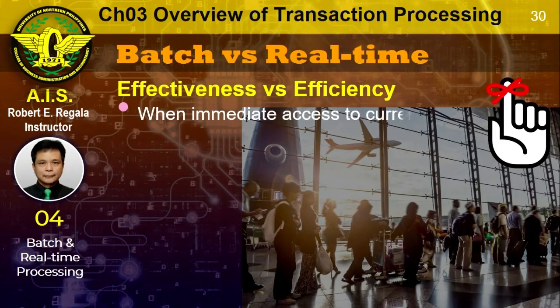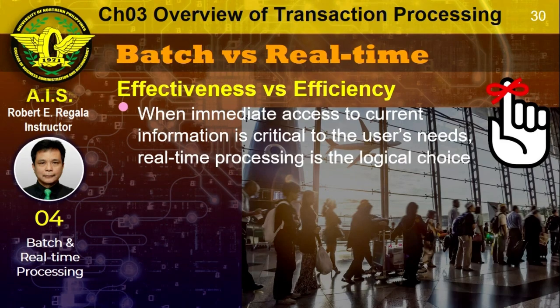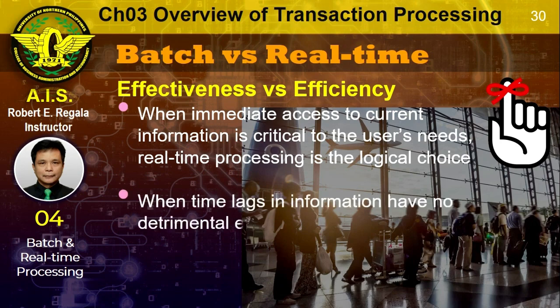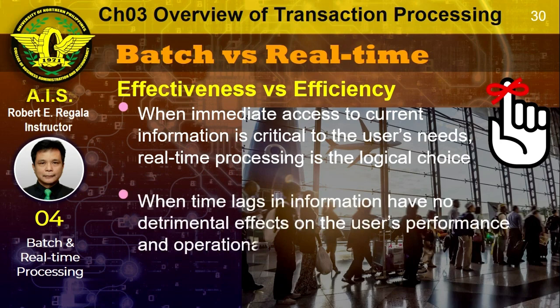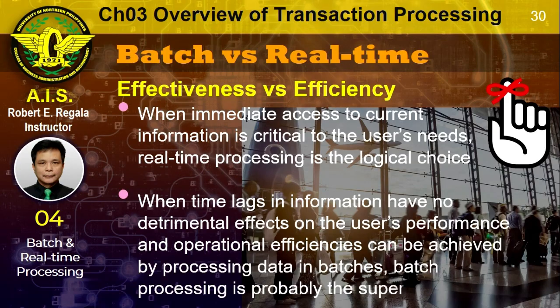When immediate access to current information is critical to the user's needs, real-time processing is the logical choice. When time lags in information have no detrimental effects on the user's performance, and operational efficiencies can be achieved by processing data in batches, batch processing is probably the superior choice.